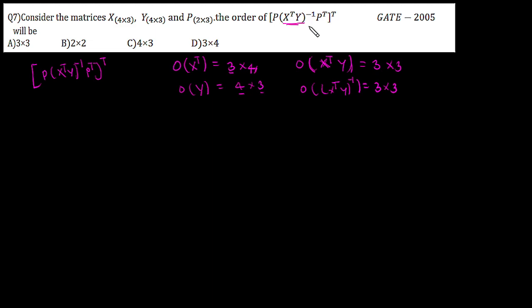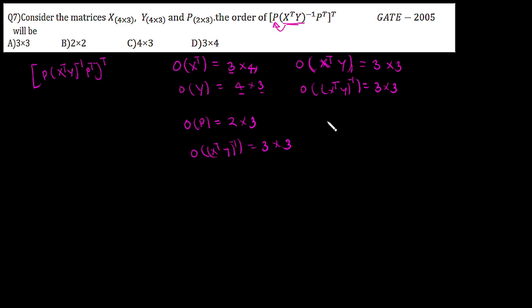Now I have to multiply this matrix with either this P transpose or P. So let's first of all multiply with P. The order of P again has the value of 2 cross 3, and I have to multiply this P with this whole matrix that I got from this inverse, which is again 3 cross 3.